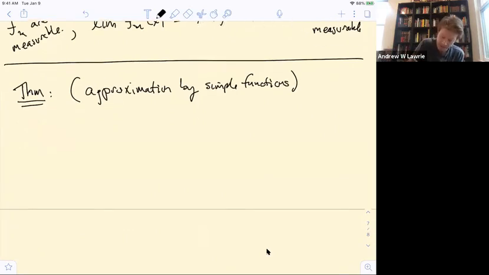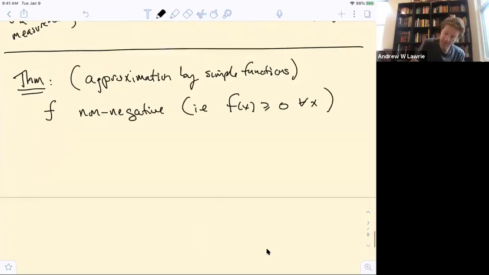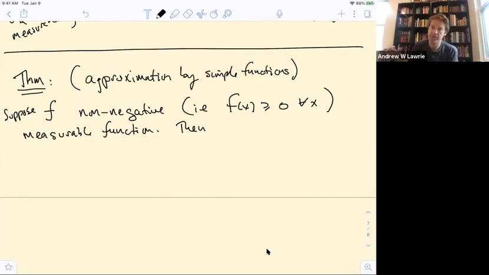So the first version of this, let's assume that f is non-negative. f of x is bigger or equal to 0 for every x. Suppose f is a non-negative measurable function. Then not only can we approximate by simple functions, but we can approximate by an increasing sequence of simple functions from below.